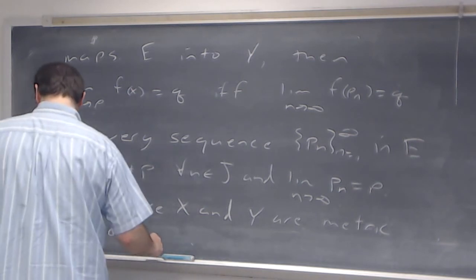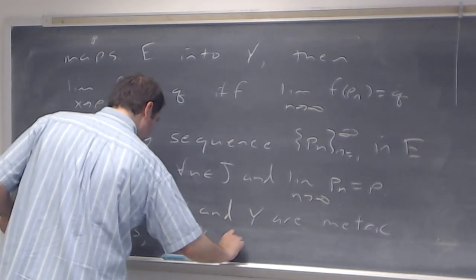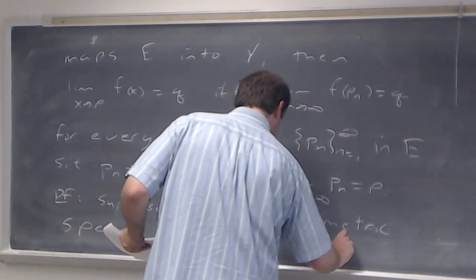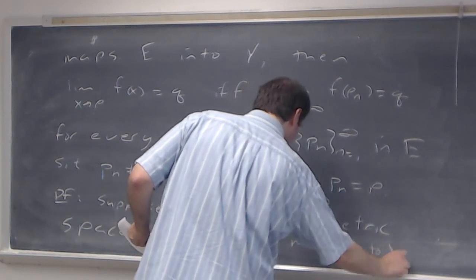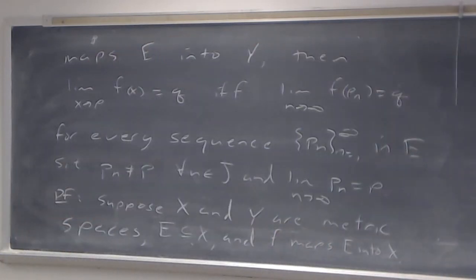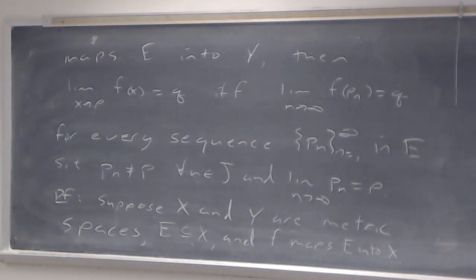Here we're going to have E, a subset of X, and F maps E into Y. One thing that's understood here that I didn't say, but that P has to be a limit point of E for us to be talking about the limit of F of X as X goes to P. That's understood, by the way.